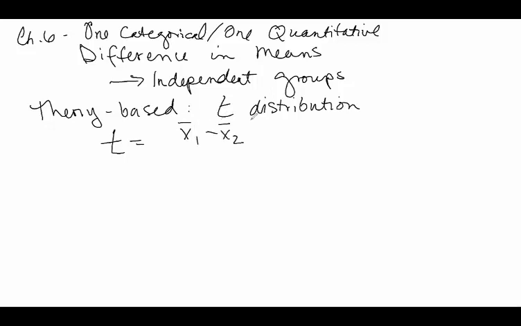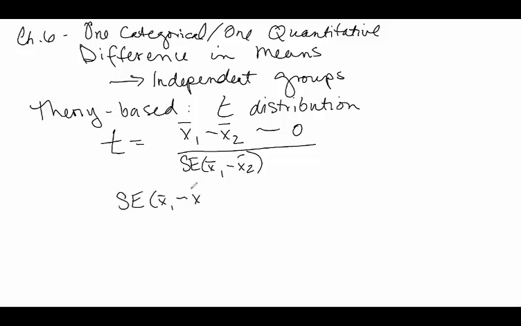So here's the difference in means minus 0 divided by the standard error for the difference in means. To calculate that standard error, we use our sample statistics. So I'll explain what S1 and S2 are in just a second.